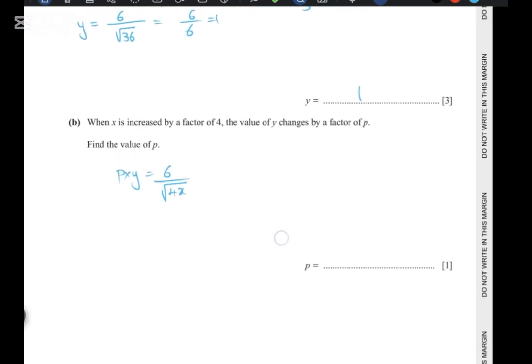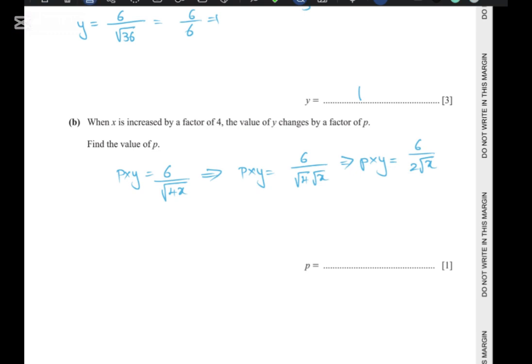So in the same way we increase x by 4 times, so y will be increased p times. Now see here, this implies p into y is equal to 6 by root 4 and root x, separated. Then p into y will be 6 by 2 root x.